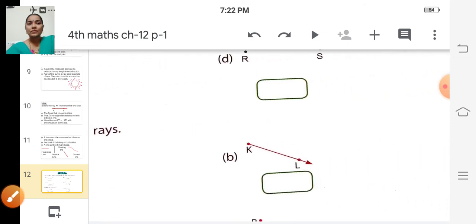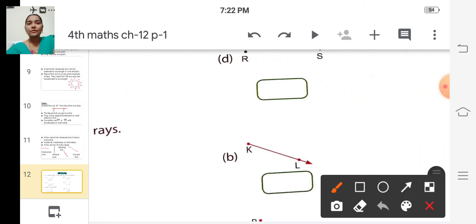The second one, KL. We write it as KL and put one arrow mark above KL. Is it clear? Line segment means we put one bar.